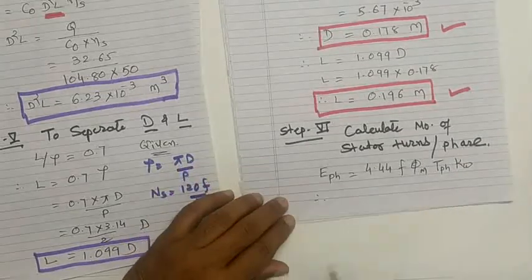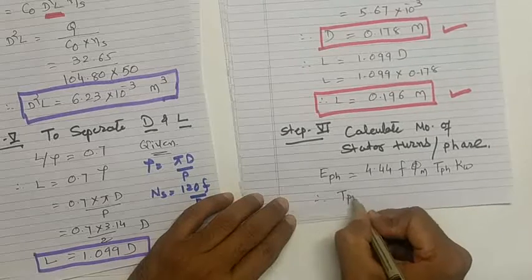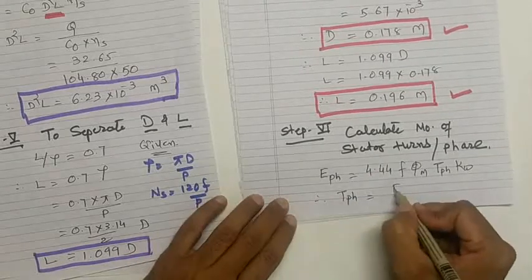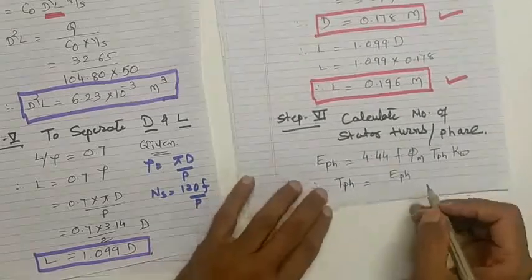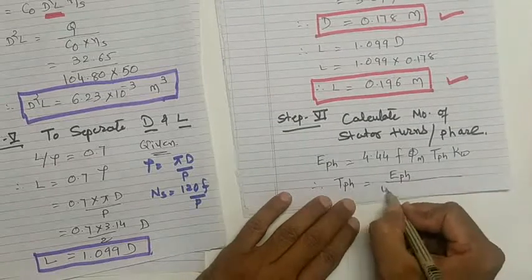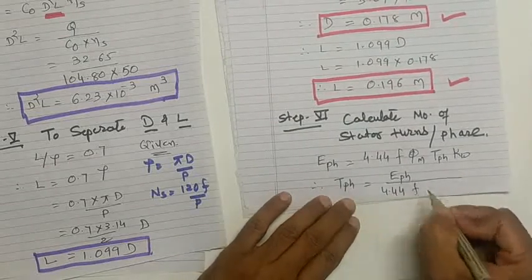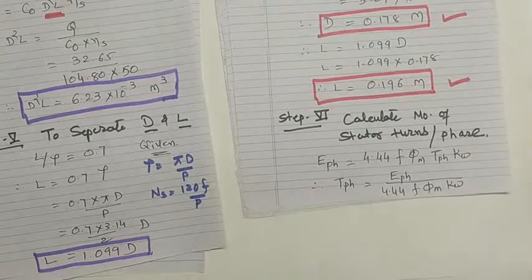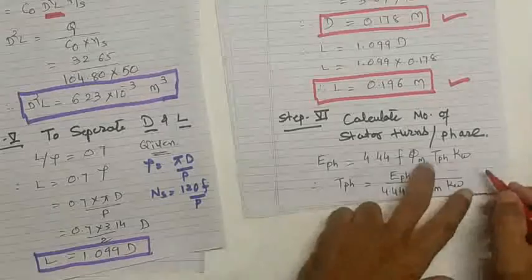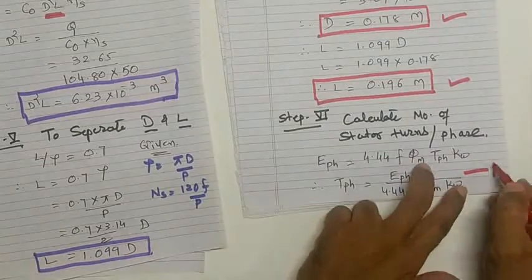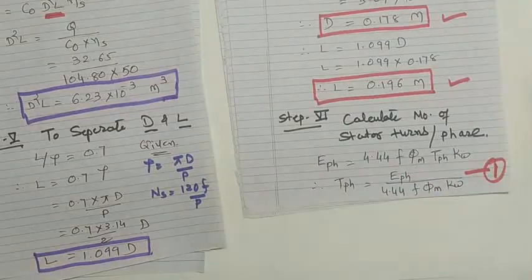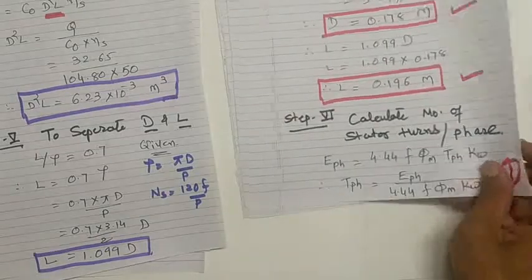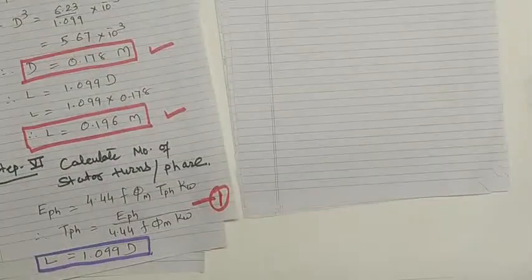And therefore turns per phase is equal to induced EMF divided by 4.44 f phi m and kw. Let us call it equation number 1, right?